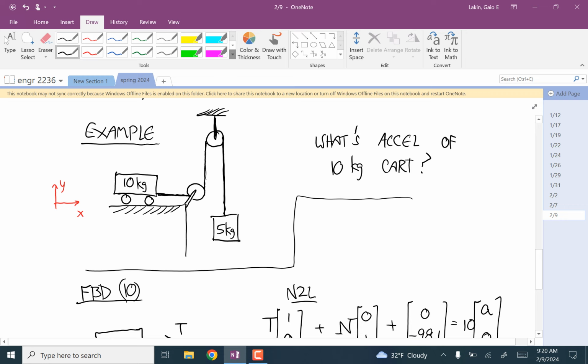It would actually accelerate down. Think of it as, this always works, okay? Whatever you choose as your first body, so we chose the 10 kilogram cart as the first body, and we said the acceleration is a0.